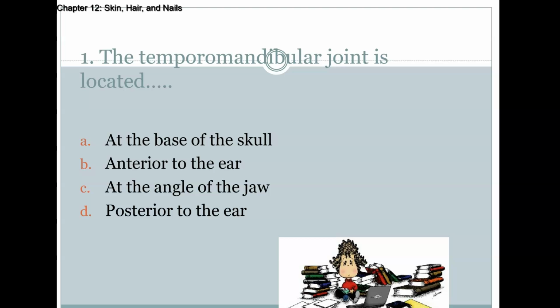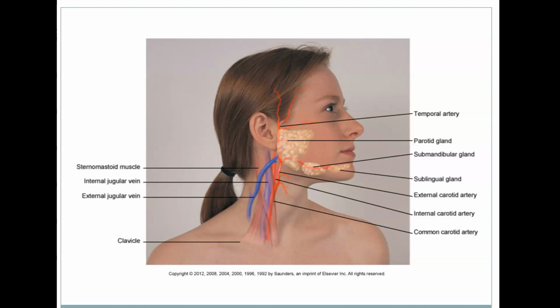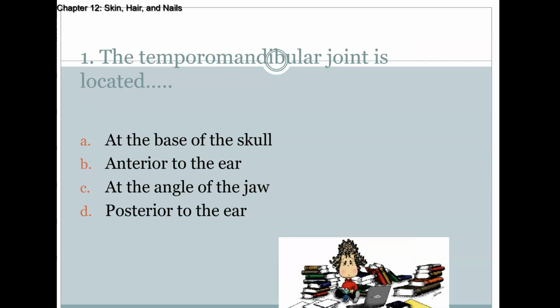Okay, so if I go back and you look at, think about what I'm saying. Temporal mandibular. Is it at the base of the skull? It's anterior to the ear, or is it the angle of the jaw?